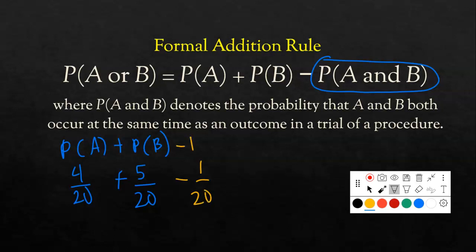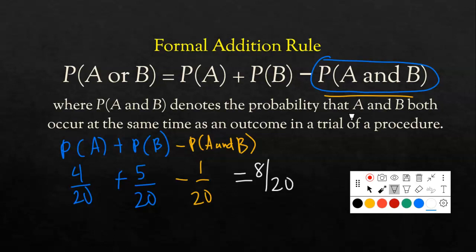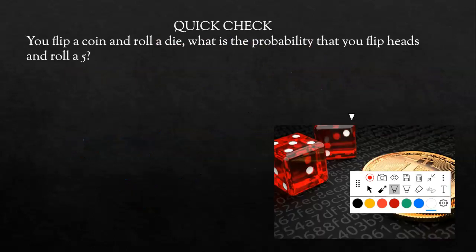So this is minusing or subtracting. Sorry, I don't know if minusing is a word. And that's this part of the formal probability rule. And so you end up with that 8 out of 20 that we did before. And so that's the formal rule if you don't have the chart and you didn't make the chart.